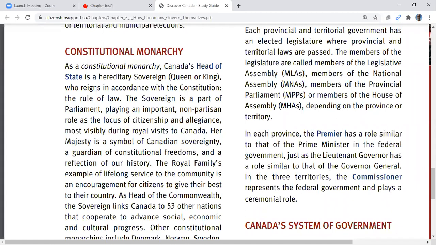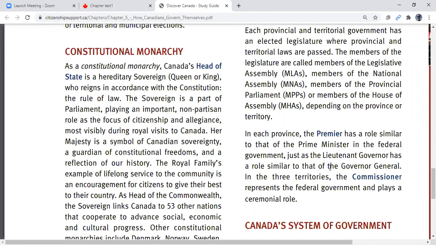In the three territories, the commissioner represents the federal government and plays a ceremonial role. Yeah, very good.